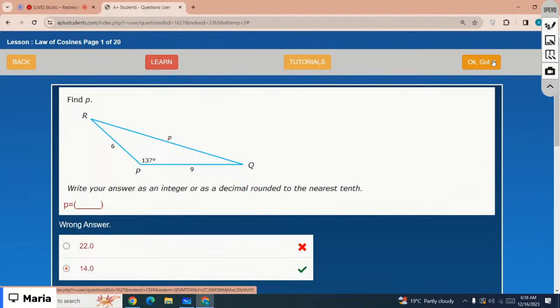Okay, that is 14, right? Let's just move on to the next example.